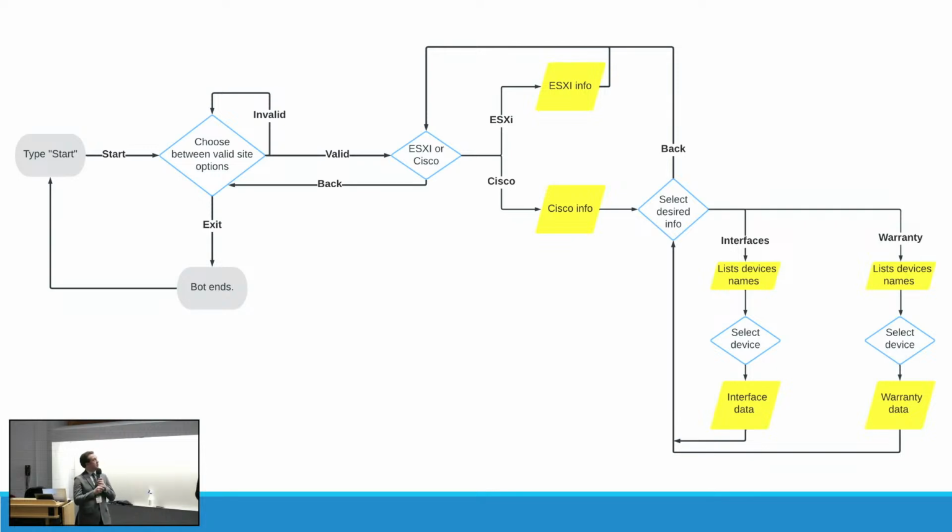And if you put in Cisco, it will give a brief overview of all the devices with a little bit of information about them. And then if you go past Cisco, it will prompt you for interfaces or warranty, so you get some more specific information. Once you enter that command, it'll list all the host names, and you will then paste that host name back into it, and it will feed you the information on that specific device.